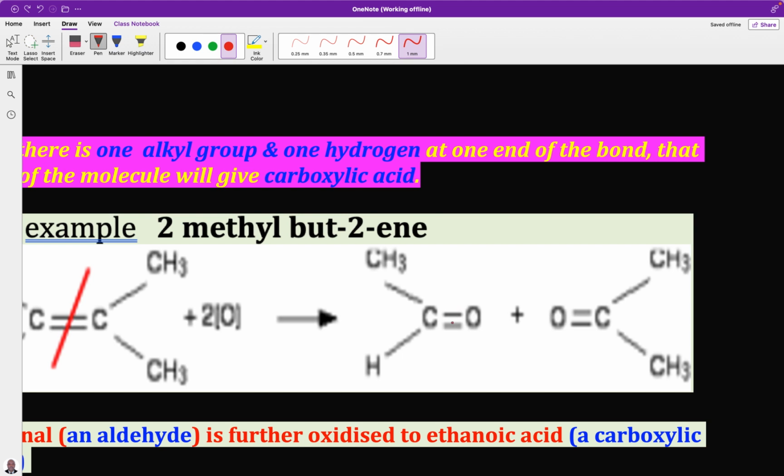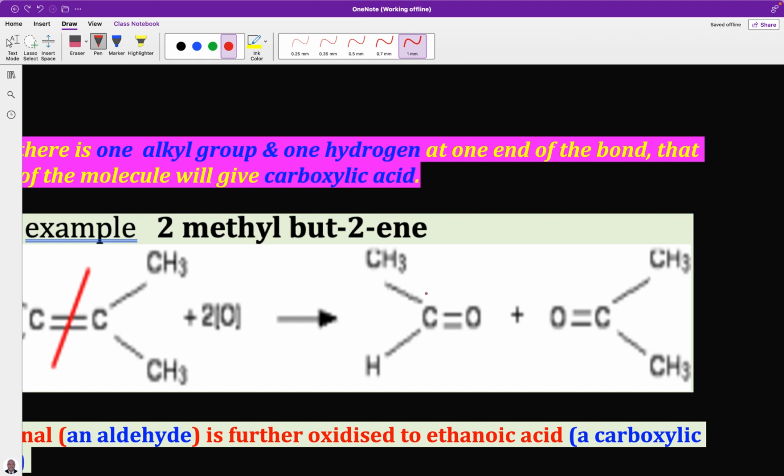In this case, the product here is ethanal. This ethanal, in the presence of a good oxidizing agent, which is acidified potassium manganate(VII) solution, is oxidized again to ethanoic acid. But the ketone will not undergo oxidation.